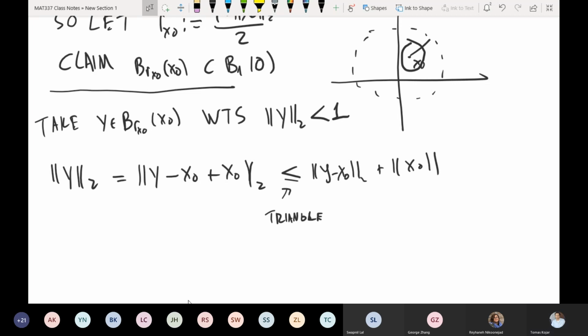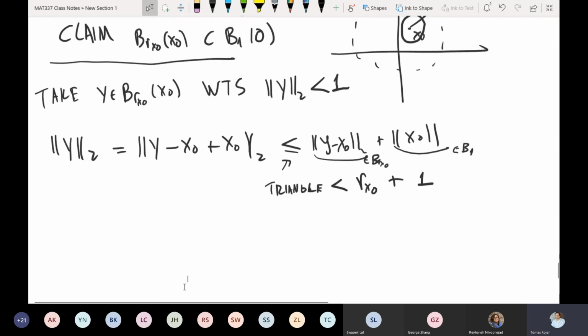Then we use that this guy is in the ball, so we have strictly less than R_x0. And then this guy is in B1, this is in B_R(x0). So this is strictly less than 1. And we had a definition for this. It was (1 minus x0)/2 plus 1... Actually, no, I have to keep this.